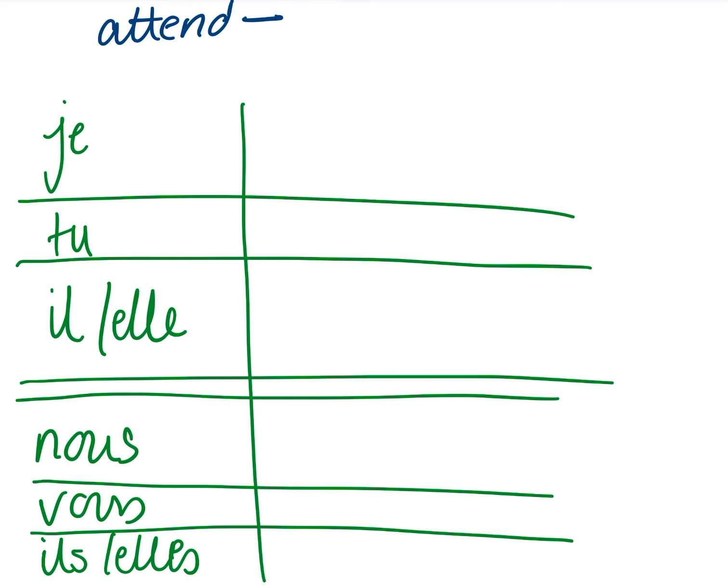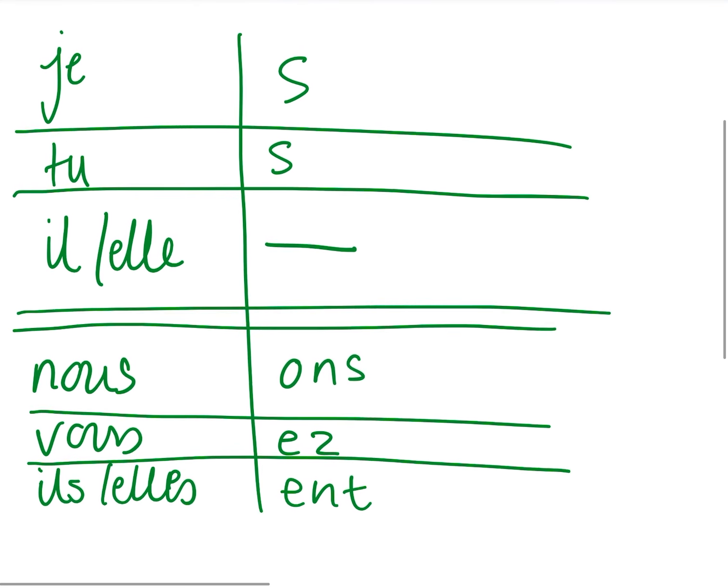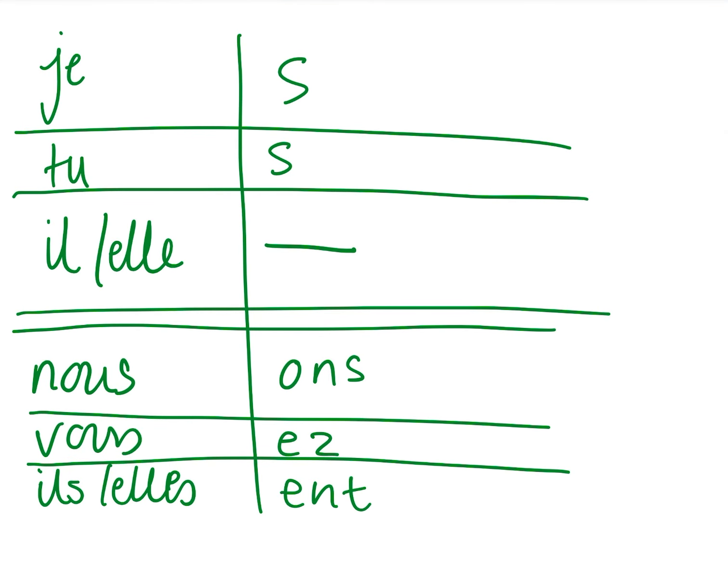So our endings are S, S, nothing, ONS, EZ, ENT.